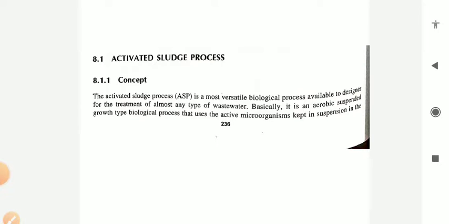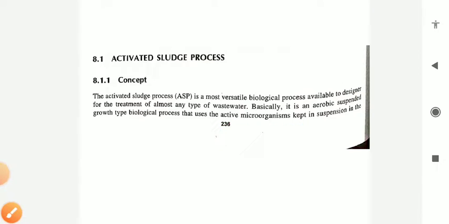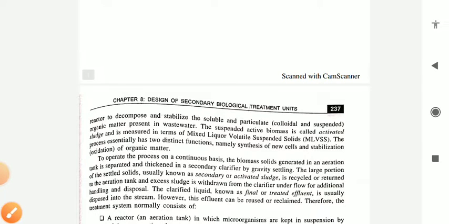Basically it is an aerobic suspended growth type biological process that uses active microorganisms kept in suspension. So in this process we are using active microbes which are kept in suspension in the reactor to decompose the stabilizable soluble, particulate, or we can say colloidal and suspended organic matter present in the wastewater.